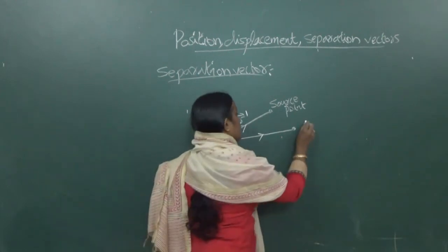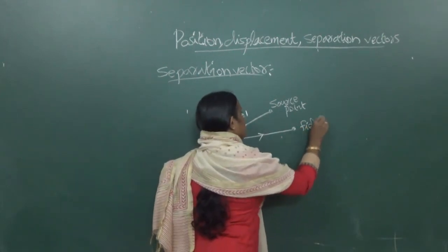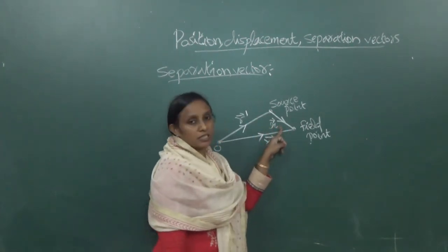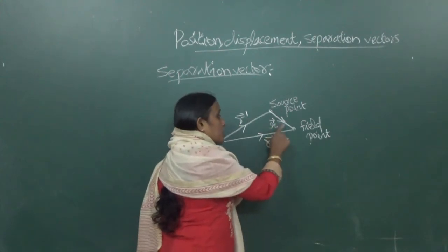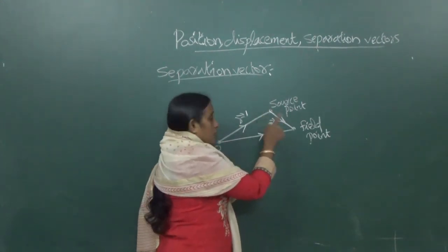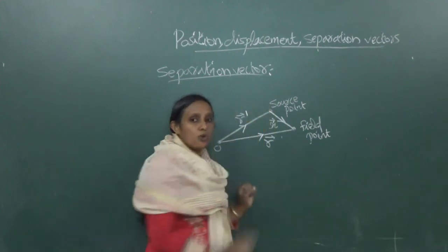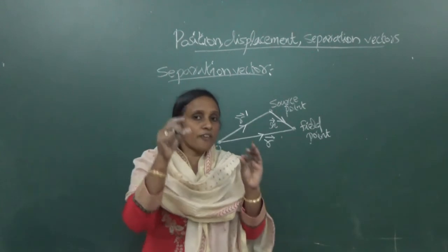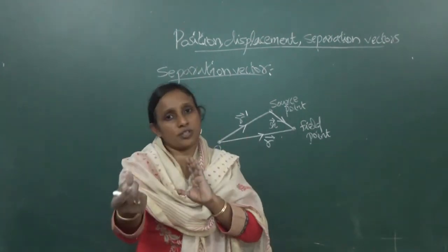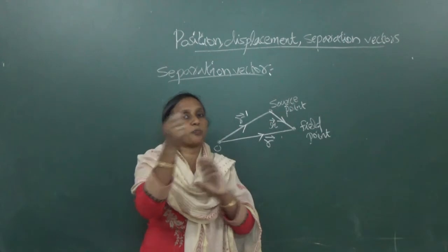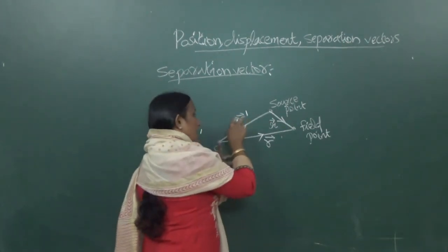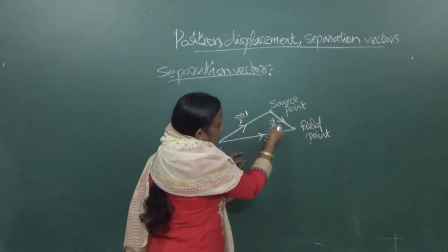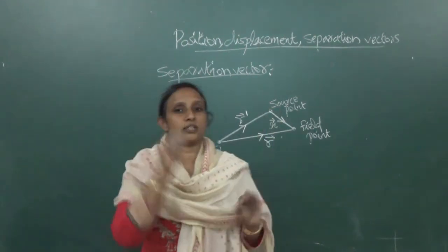So r prime is a position vector, r is also another position vector, but this script r is not a position vector.